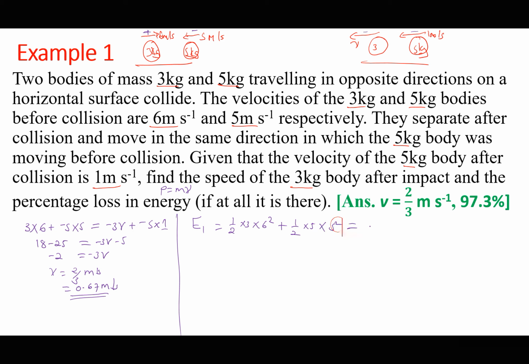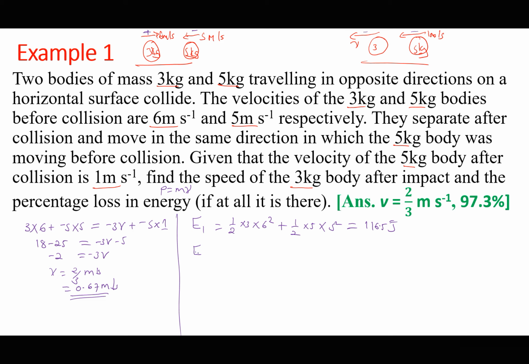That is total kinetic energy before collision. I'll check with my calculator: 0.5 times 6 squared times 3 plus 0.5 times 5 times 5 squared. So this is 116.5 joules. Many times students forget to square when it comes to kinetic energy.